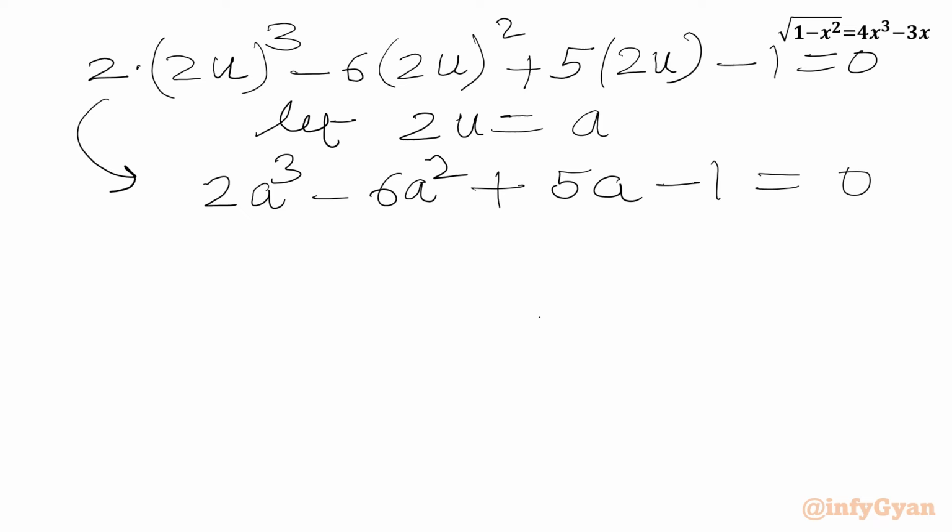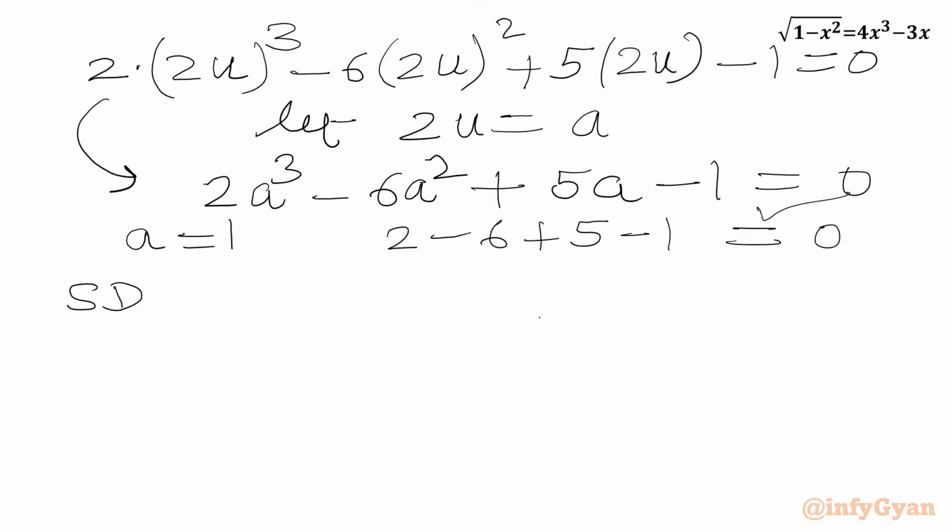The equation is cubic, and if we add all the coefficients, we get a sum of 0. So if I put a equal to 1, we will get 2 minus 6 plus 5 minus 1, which is equal to 0, 7 minus 7. Now we can use the synthetic division method to find the remaining two roots. a equal to 1 is our base solution.